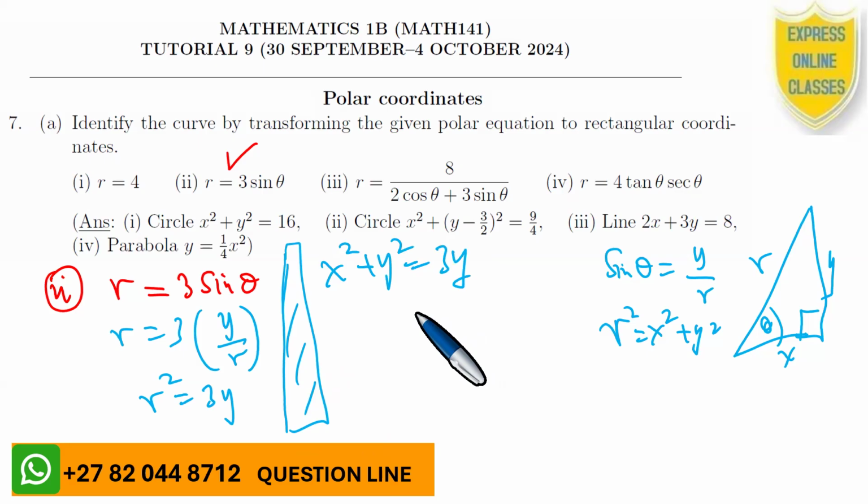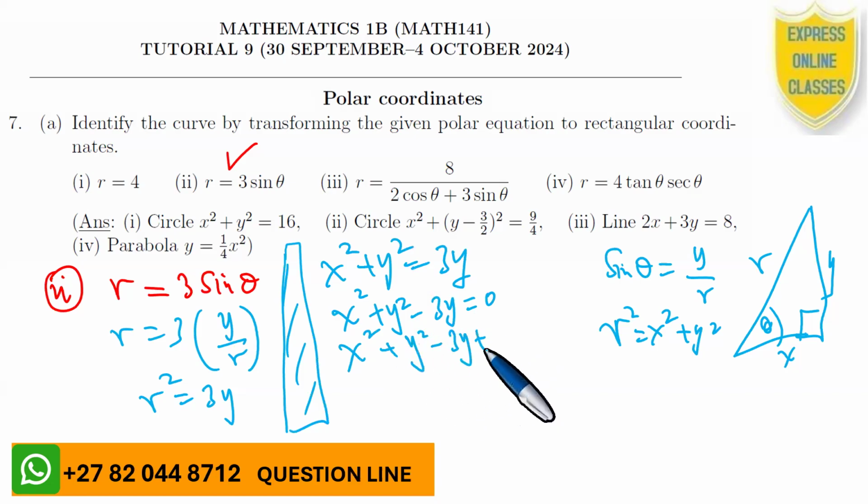So we are done. We just have to complete the square. So you have x squared plus y squared minus 3y equals naught. Completing the square, it's x squared plus y squared minus 3y.